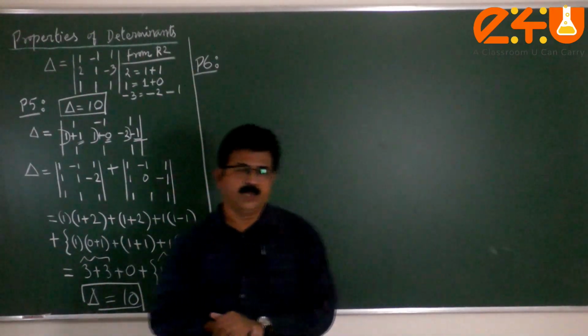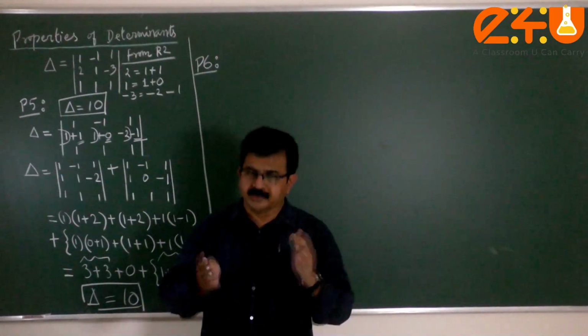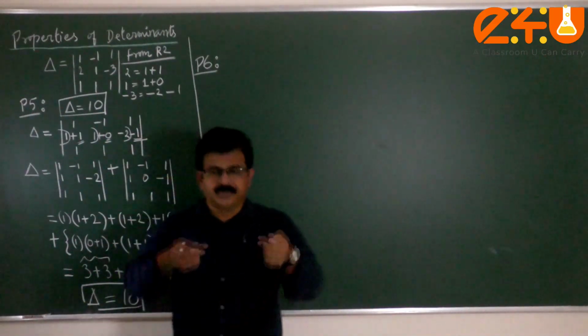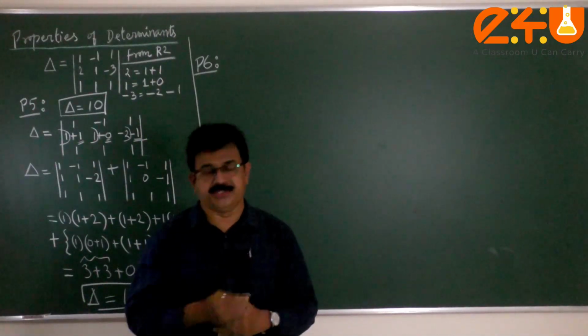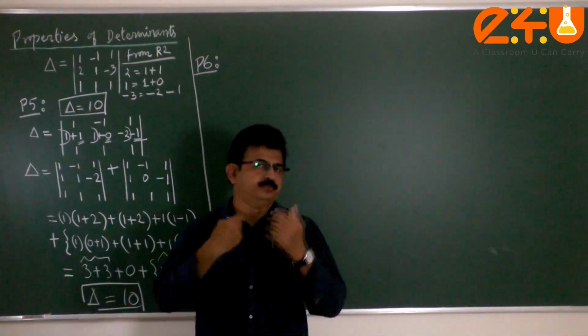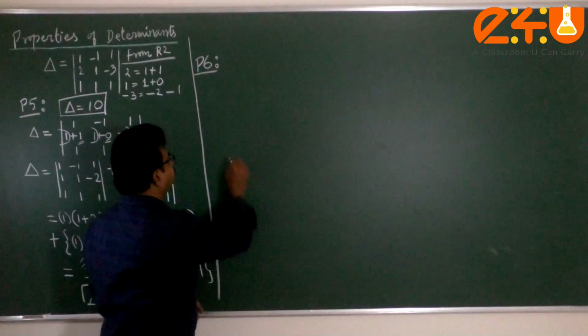Consider any row or a column. So you can find if it's a 3 by 3, 3 elements in a row are there. To this row, we add equal multiples of any other row. What did I say? Consider, let us say, row 1.